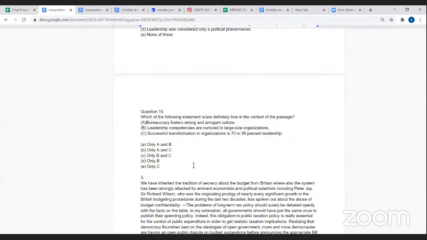Only A and C. Yeah, C is given there clearly, and A as well, not B though. So it is B, only A and C.